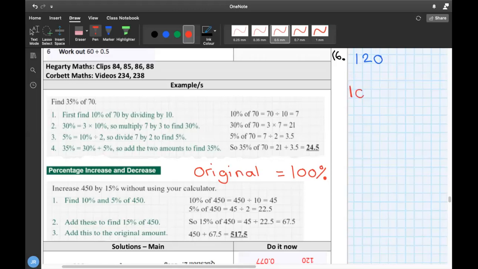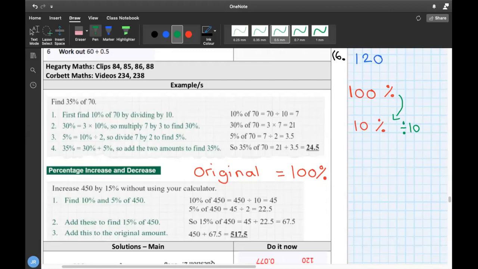So, if we start with the original 100% and we're asked to find 10%, what are we doing there? To get from your original 100 to 10%, we are dividing by 10. From 100% to 10%, you're dividing by 10.